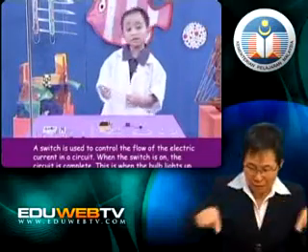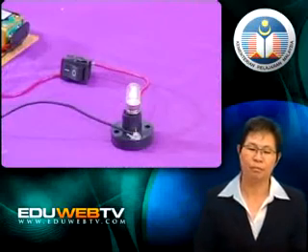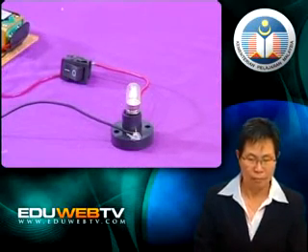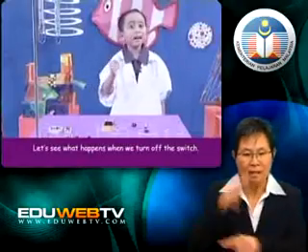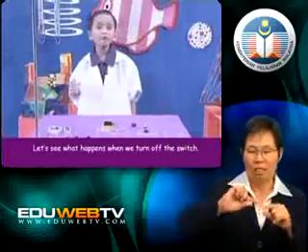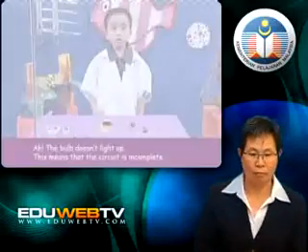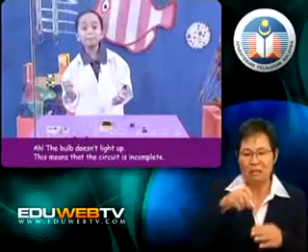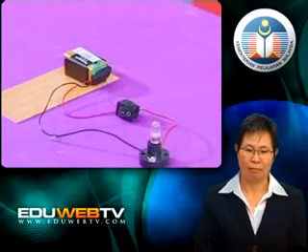When the switch is on, the circuit is complete. This is when the bulb lights up. Let's see what happens when we turn off the switch. The bulb doesn't light up. This means that the circuit is incomplete.